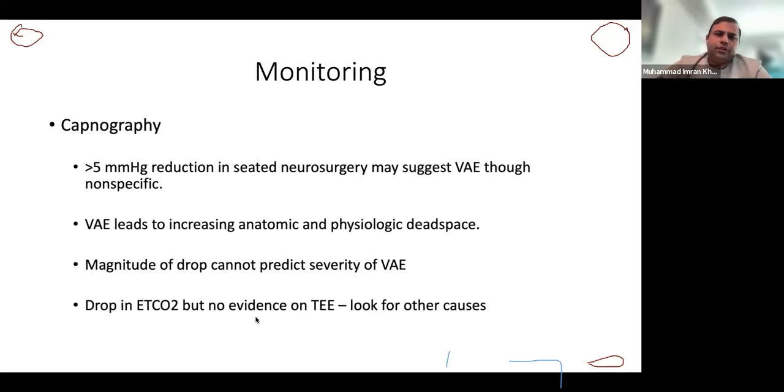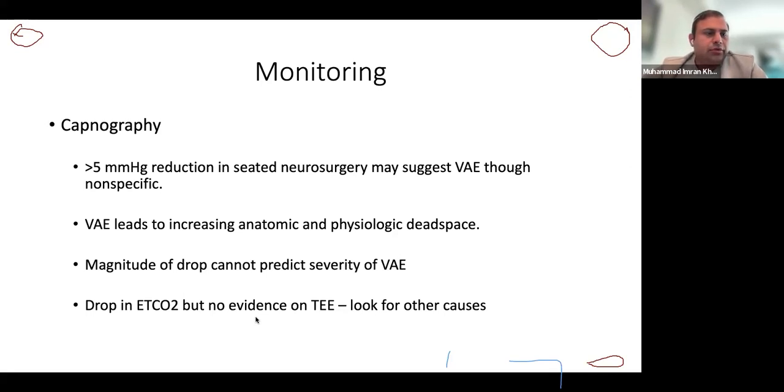If we go through these three one by one, starting with capnography, a sudden flattening of the capnography waveform and a reduction in end-tidal CO2 greater than 5 millimeters of mercury during sitting neurosurgery may suggest VAE in mechanically ventilated patients. However, this finding is non-specific.